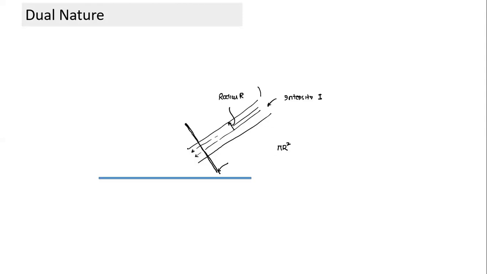Now, if the plate is kept like this, it will fall into pi r square. So whatever energy there is, that's over pi r square on this plate. Now suppose I change the orientation of the plate by angle theta. Now the plate is making an angle theta.